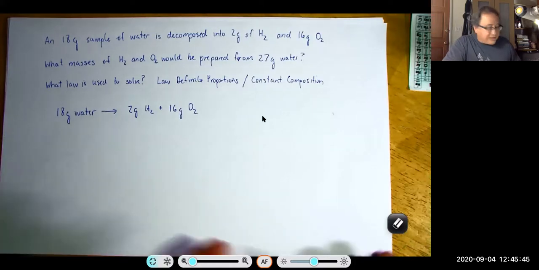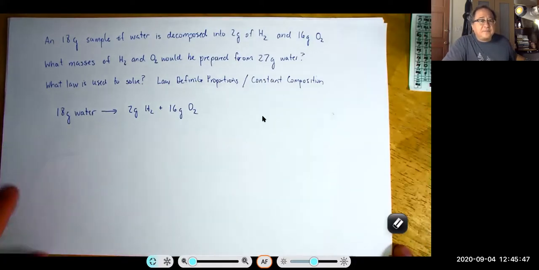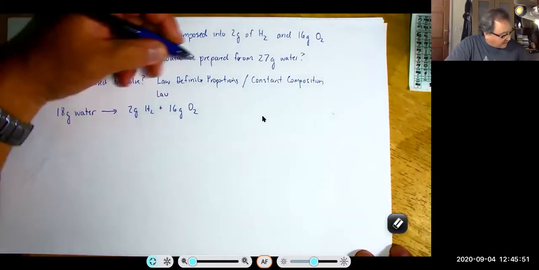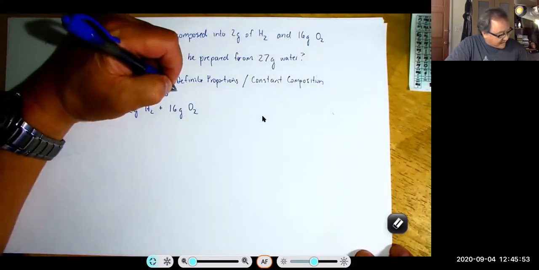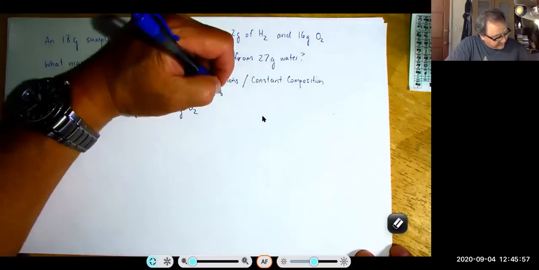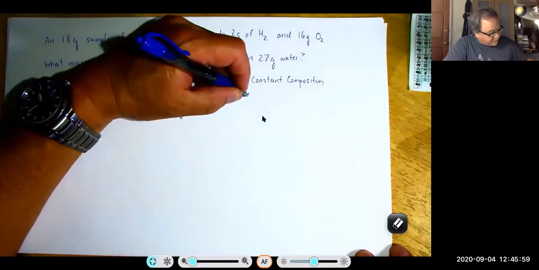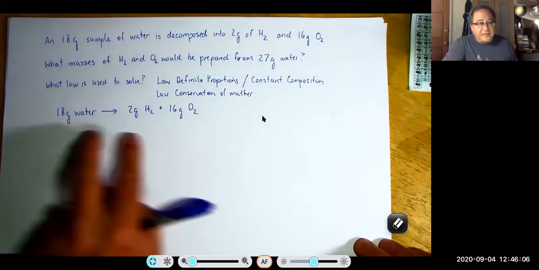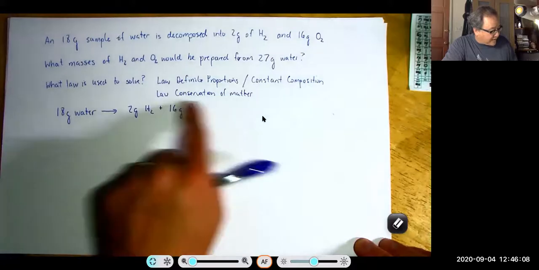And this shows the law of, actually, I should say, there's also the law of conservation of matter. So we're actually using both of these laws. Here, we start off with 18 grams, we end up with 18 grams. That's the law of the conservation of matter.